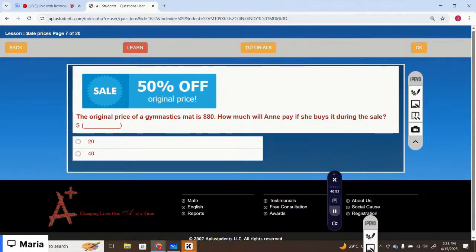The original price of a gymnastic mat is $80. How much will Anne pay if she buys it during the sale?